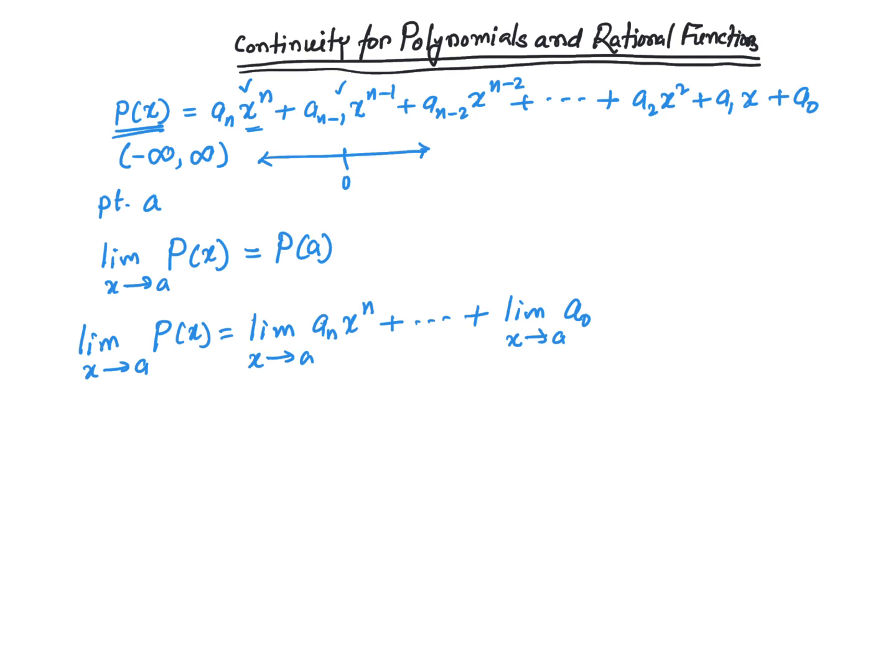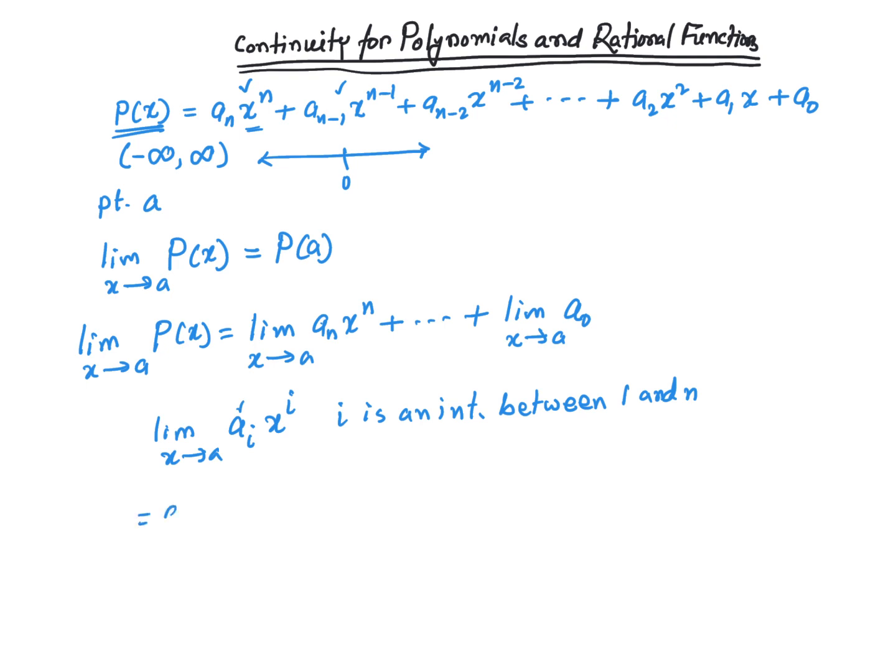Now let's just take any one of them. So limit x approaches A, a sub i, x to the power i, where i is an integer between 1 and n. So a sub i is a constant, so we could just pull it out.